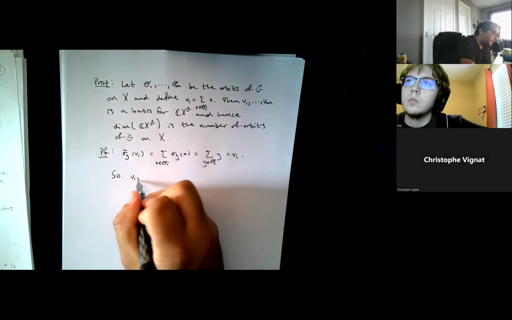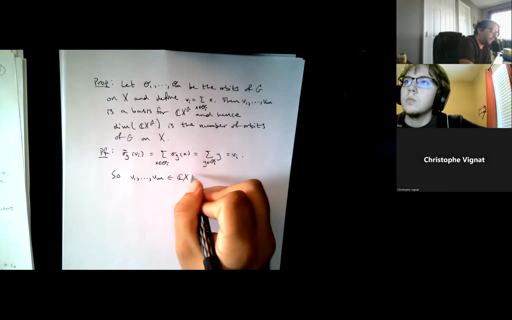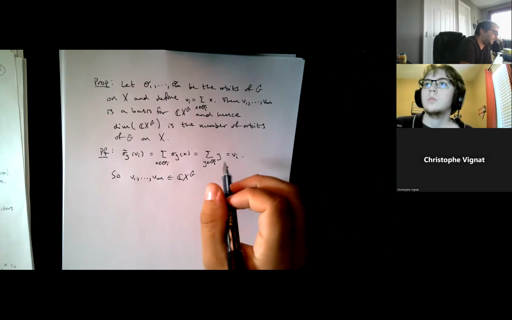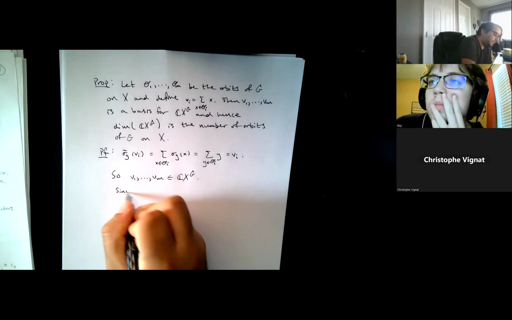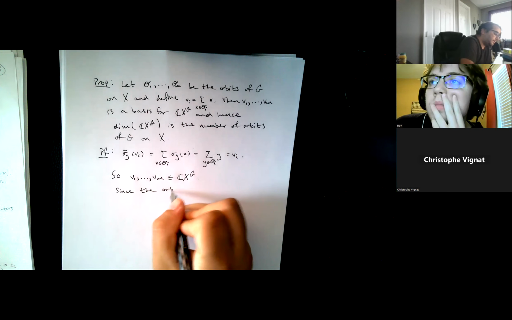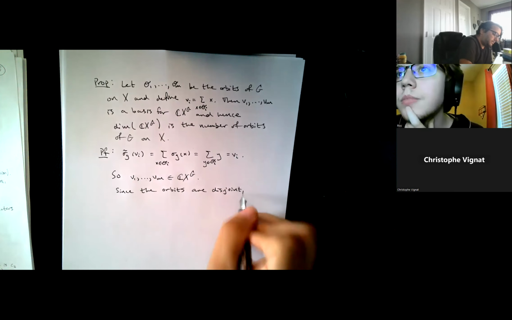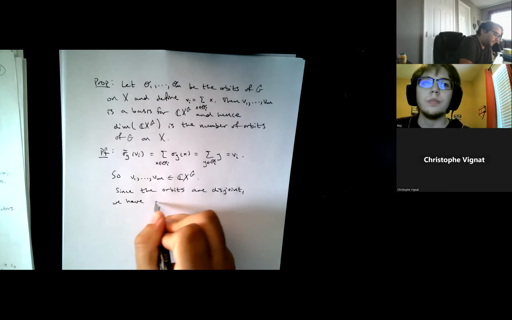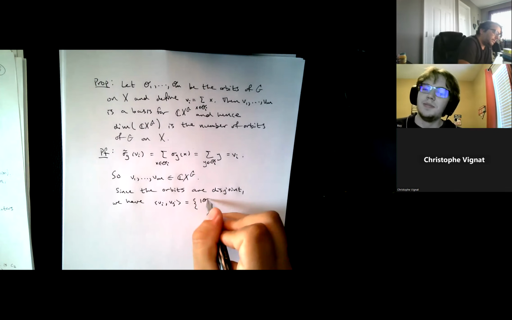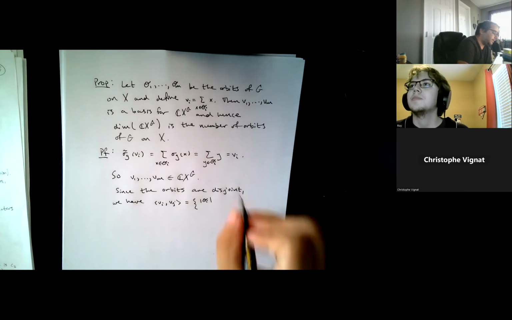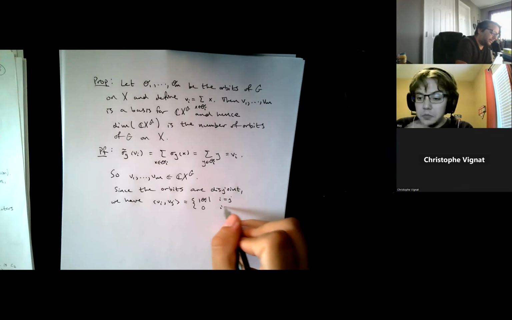So V1 through VM are in the fixed subspace of the span of X. And since the orbits are disjoint, we have the inner product of Vi with Vj is equal to the number of elements in the ith orbit if i is equal to j, and 0 otherwise.